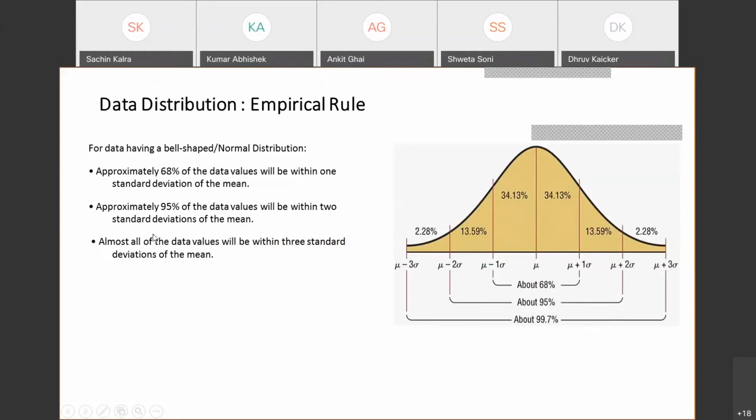And almost all, it's not all actually. As I said, there's no 100% in statistics. Three sigma deviation covers 99.7%. And guys, this is also called six sigma: minus three sigmas here, three sigmas here. When doing quality assessment, I think Amit Kalra sir is there, he can explain it better.